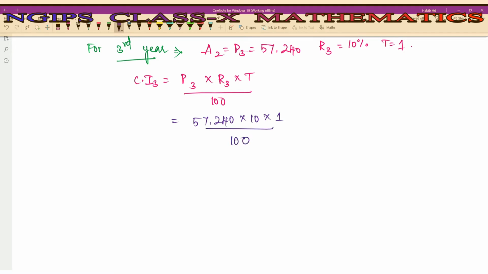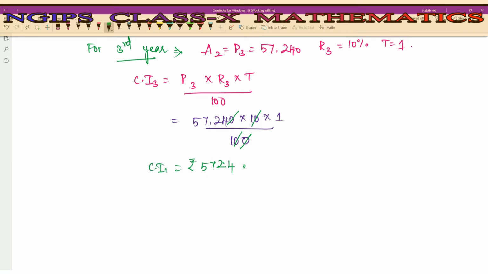Now here the 0 0 will get cancelled. So the left over here is, sorry, not 57,000, 5,724 rupees. So this is the compound interest for third year.